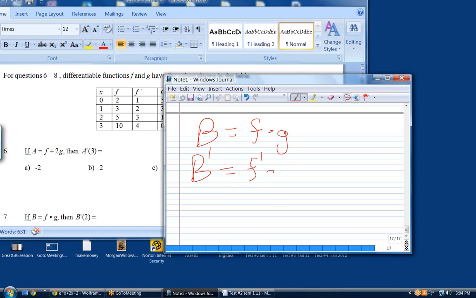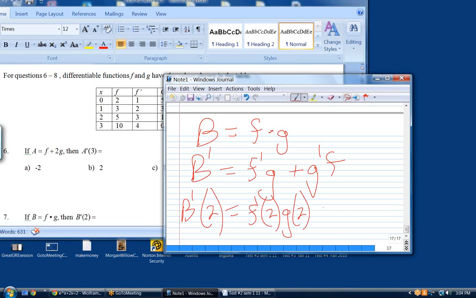Well, F prime times G plus G prime times F, using the product rule. So now B prime of 2 is going to be F prime of 2 times G of 2 plus G prime of 2 times F of 2.